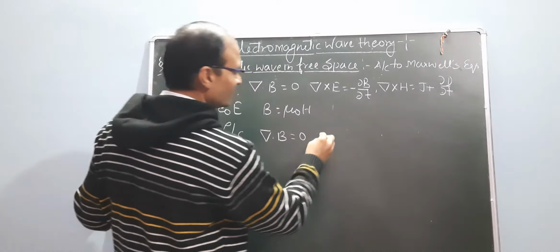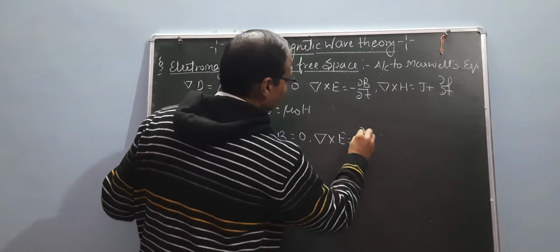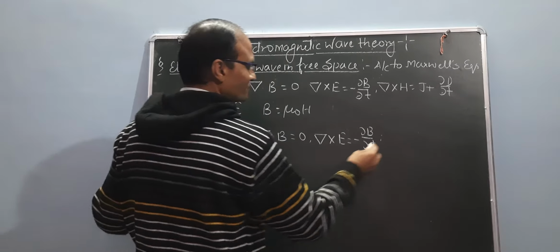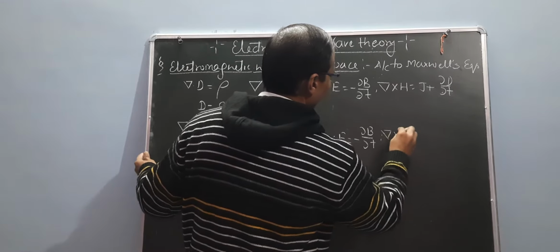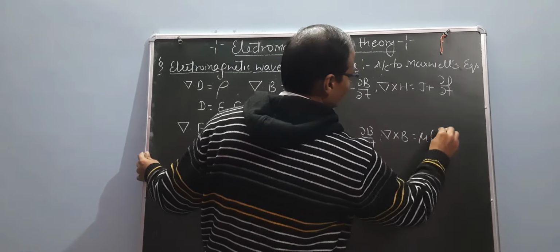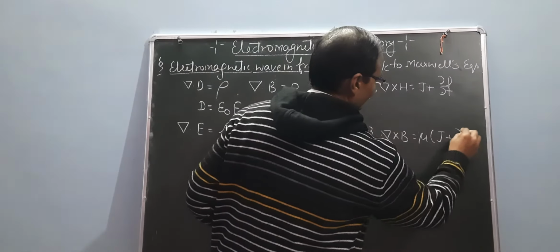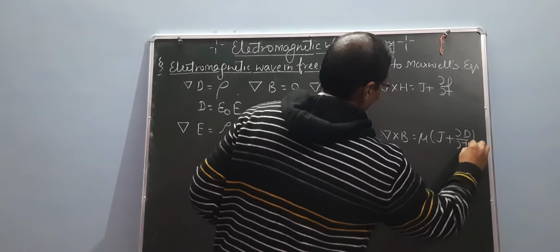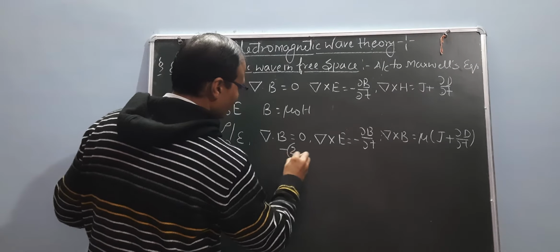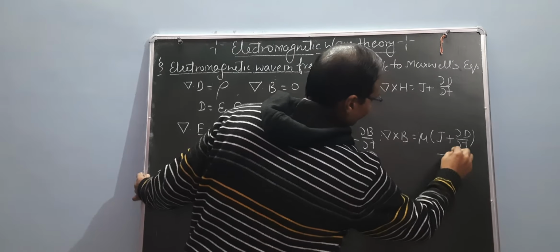Third one, Faraday law, del cross E equal to minus dB upon dt. And the fourth equation, del cross B equal to mu into J plus del D over del t. So this is equation number 1, this one is equation number 2, this one is equation number 3, and the last one is equation number 4.